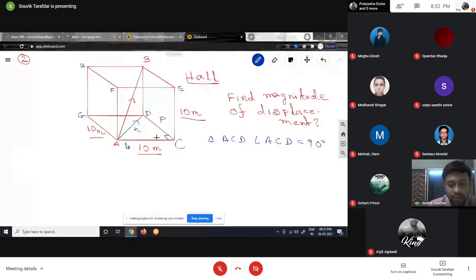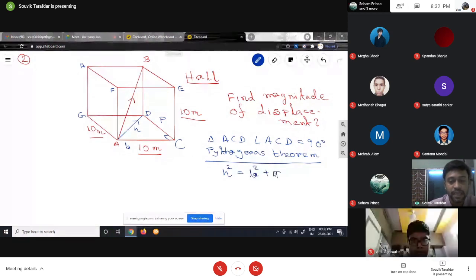You people remember the Pythagoras theorem? What is the theorem? Hypotenuse square is equal to base square plus perpendicular square. Very good.